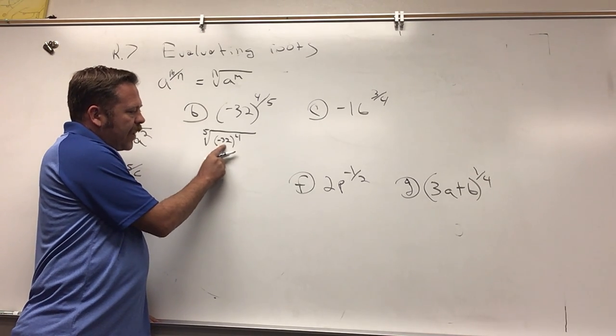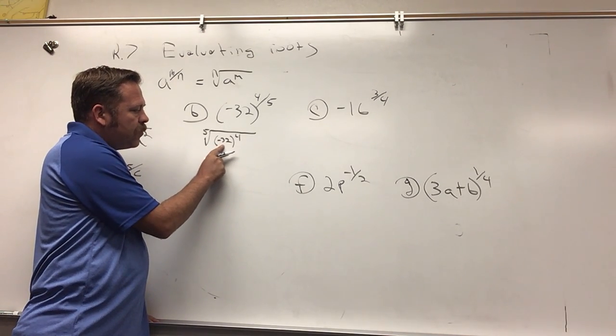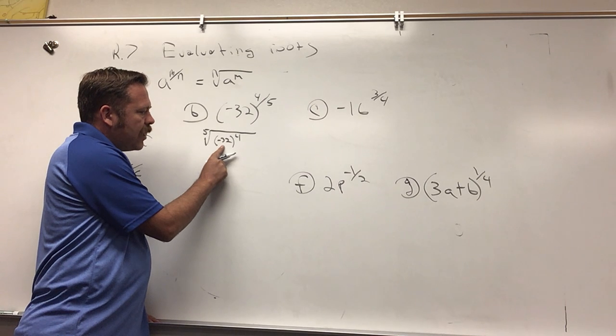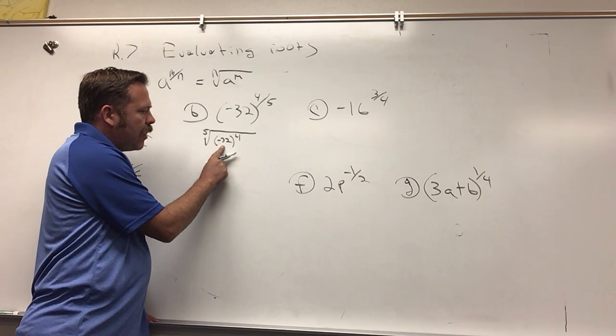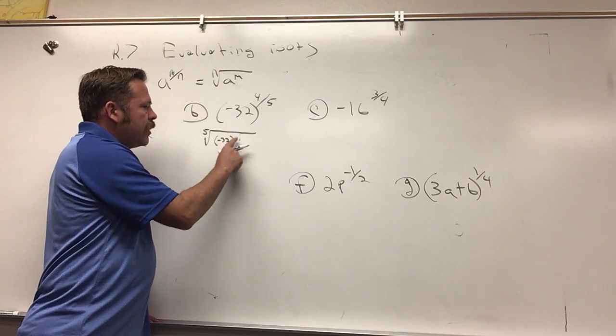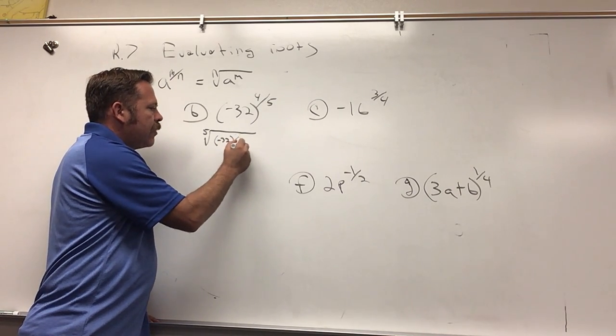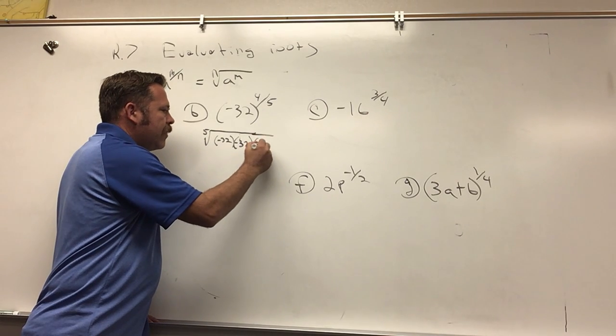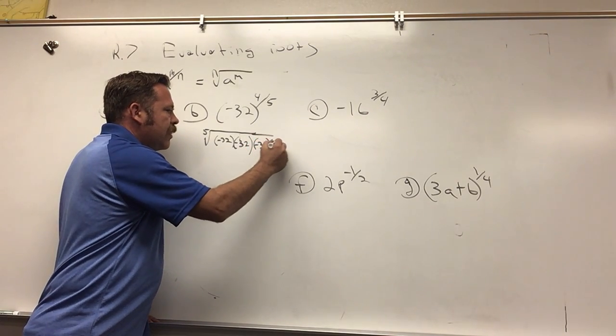Now, it'd be awesome if I had enough negative 32s to pull out, but I don't. Let's break this down. This is equal to negative 32 times negative 32 times negative 32 times negative 32.